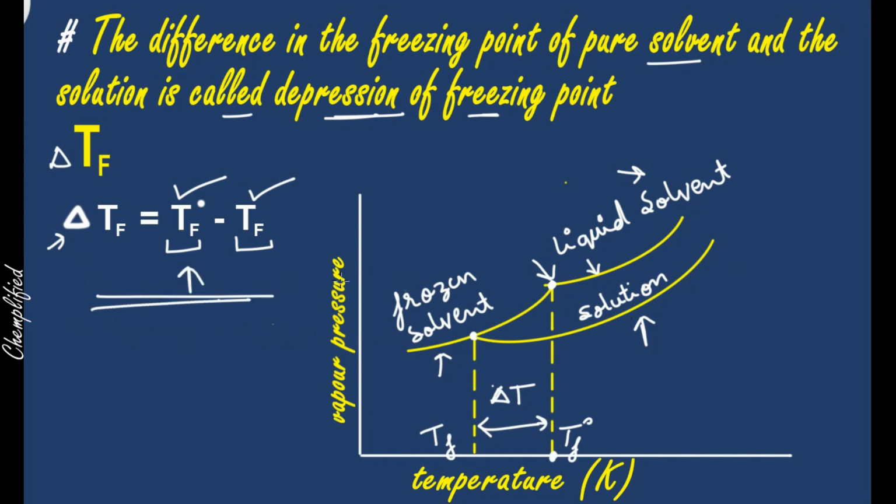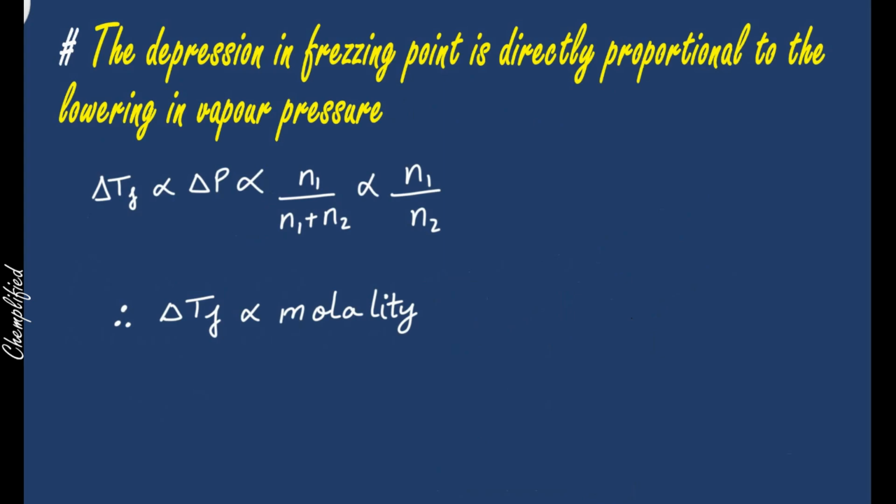Right? Now we will come to our formula. Just like elevation in boiling point, depression in freezing point is directly proportional to relative lowering in vapor pressure. Remember that. So delta Tf is directly proportional to delta P, the relative lowering in vapor pressure, which in turn is directly proportional to mole fraction.